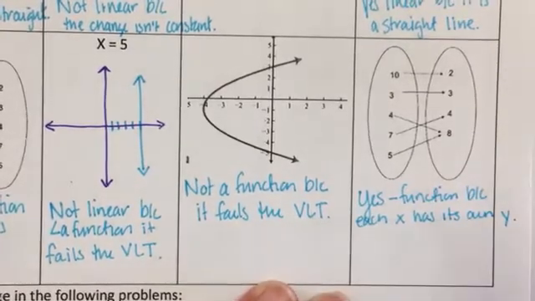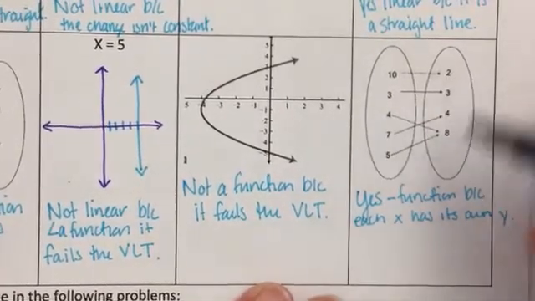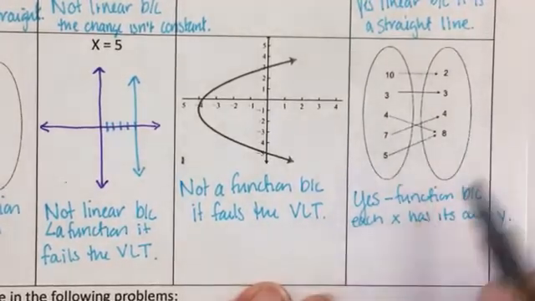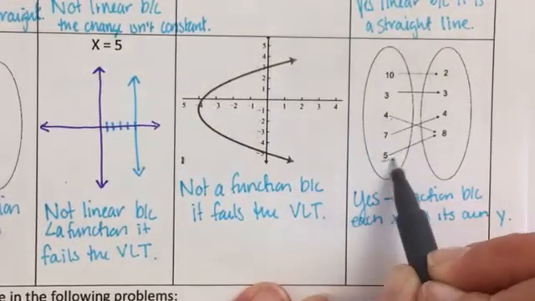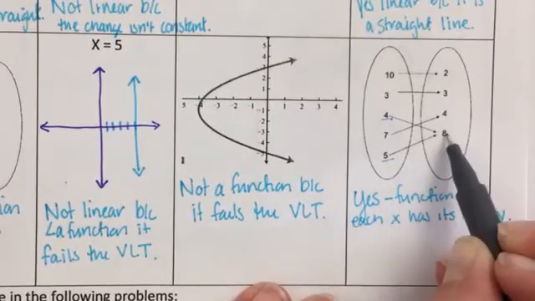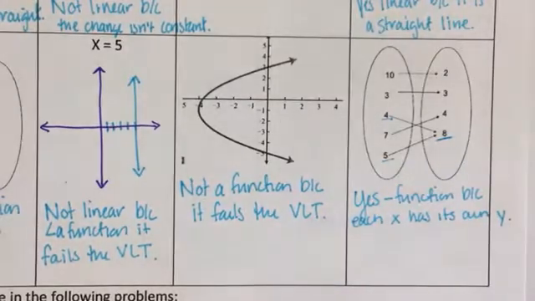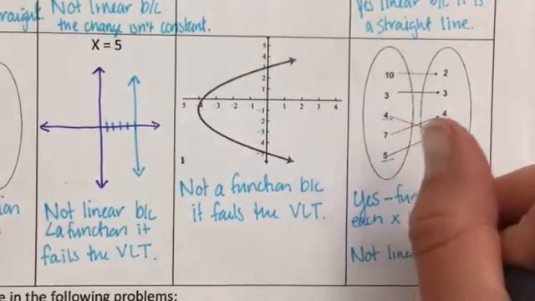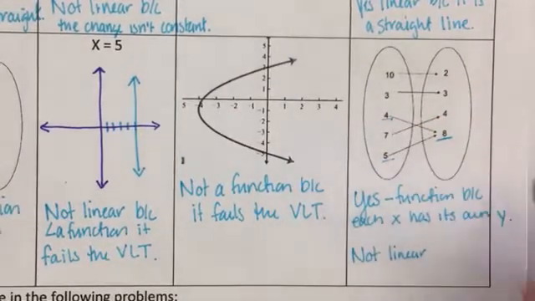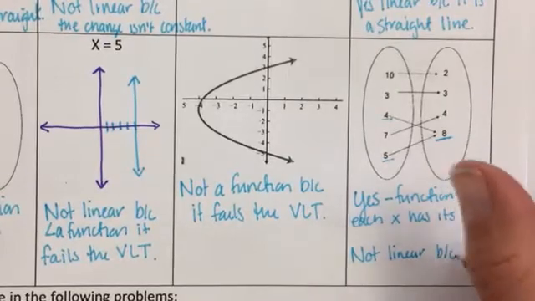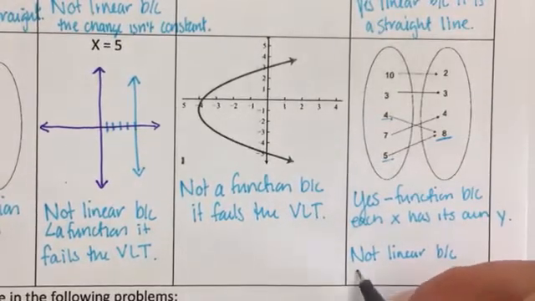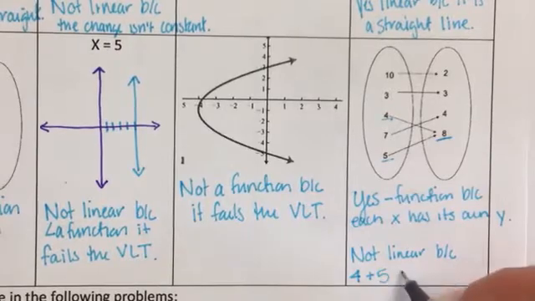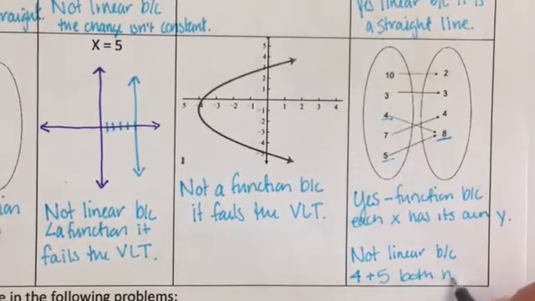Now, I wouldn't ask you to be able to pick this out from a mapping diagram, but I know since the 4 and the 5 both go to the same number, it's not going to be linear, okay? So it's not linear, because 4 and 5 both have the same y.